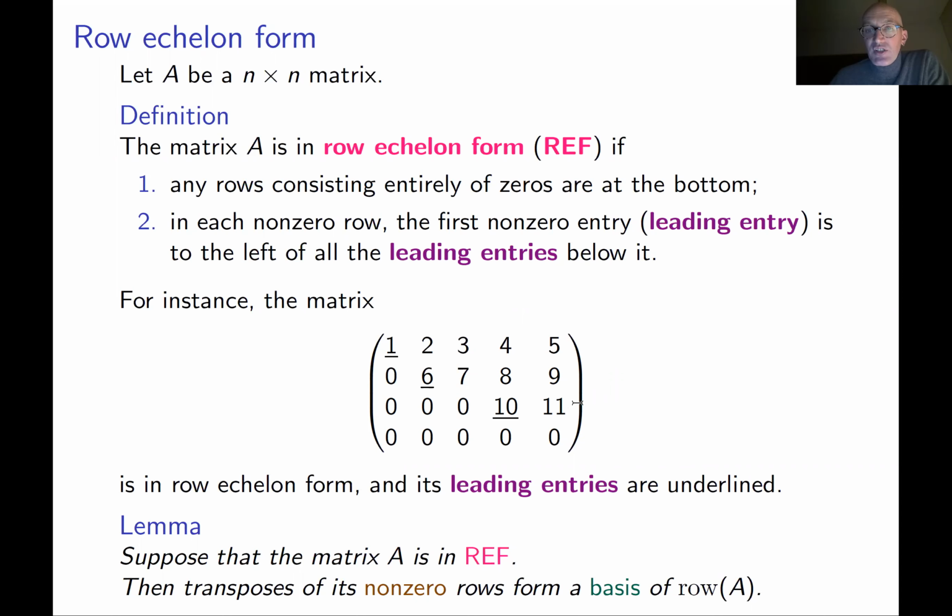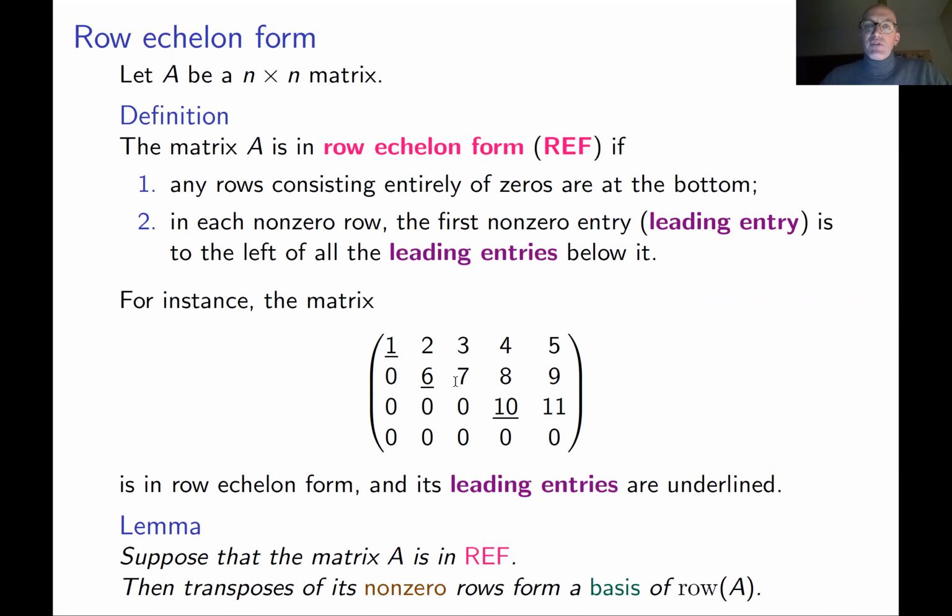If this combination is 0, then you compare the entries of your vector, starting with the first entry. The first entry is going to be lambda 1 times 1, all others zeros, equal to 0. So you get lambda 1 equal 0. Similarly, the second entry is going to be 2 times lambda 1 plus 6 lambda 2, but you already know that lambda 1 is 0.